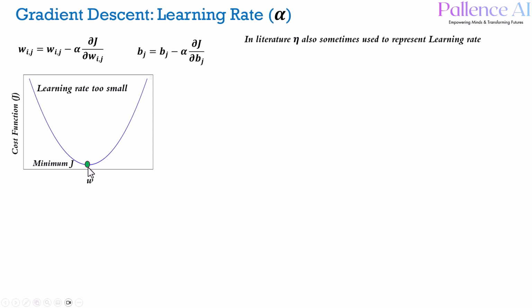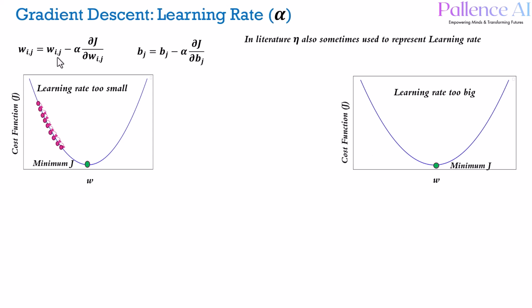The goal is to reach the minimum J. But if the learning rate is too small, the updates to the weights are very, very minimal, and it may take forever. It could be very slow and take a long time to reach convergence. Sometimes we may stop early. So that's the drawback here. If the learning rate is too small, you may never converge. It's going to take forever. But if the learning rate is too big, then what's going to happen?